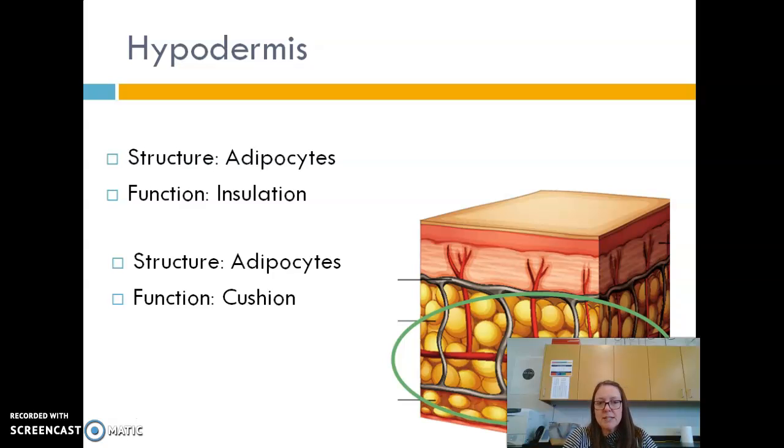Fat cells have two functions. Actually, you could classify that as three. They are good insulators, they provide cushion for underlying structures, and they also are an energy reserve when your body needs to rely on fat rather than carbohydrates. So that's the only part of the hypodermis.